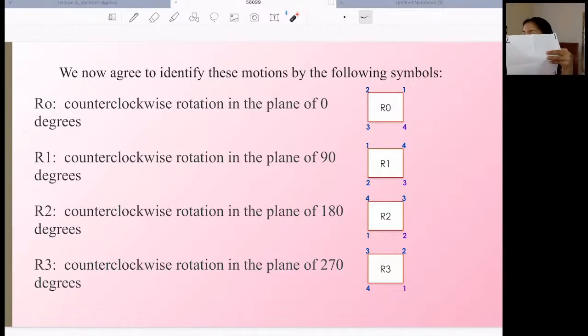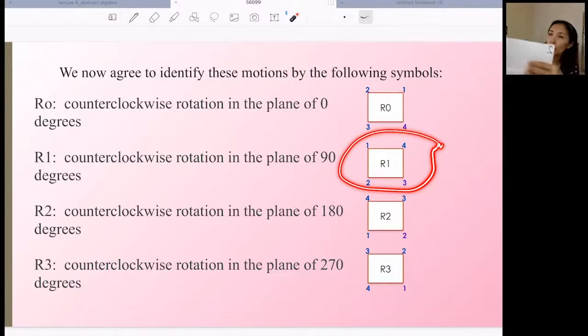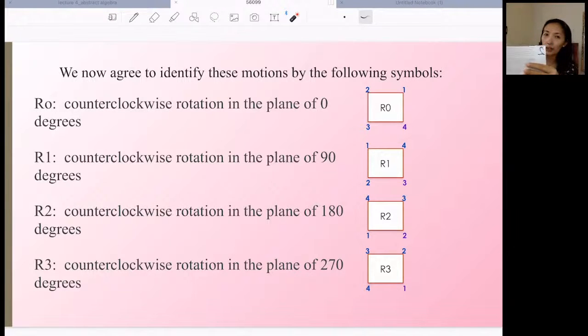And then what will be R1? R1 is counterclockwise rotation of 90 degrees. Counterclockwise. This is clockwise motion, so counterclockwise is the opposite.